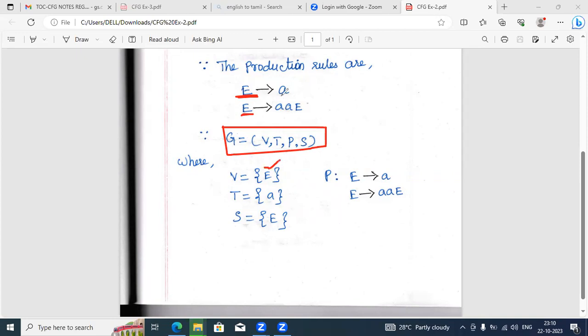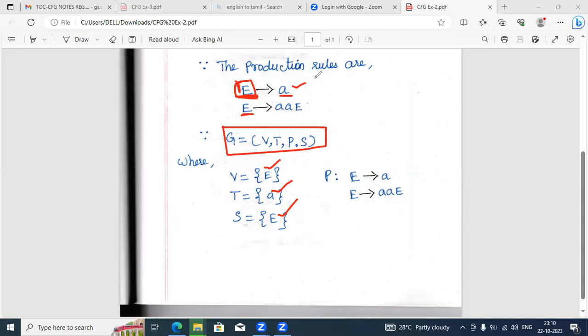For the terminals, we have only a. Other than a, we don't have any terminal here. Next, we need a start symbol. Initially, we get the string of length 1 starting from E, so E is the start symbol.